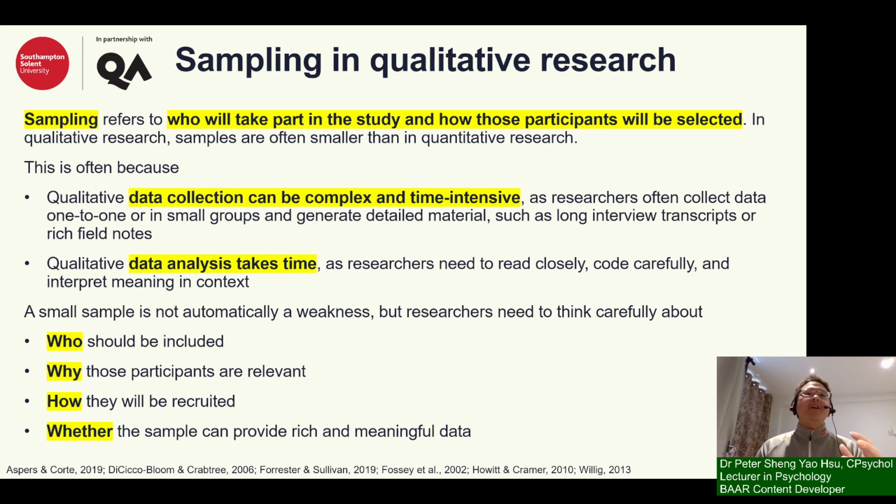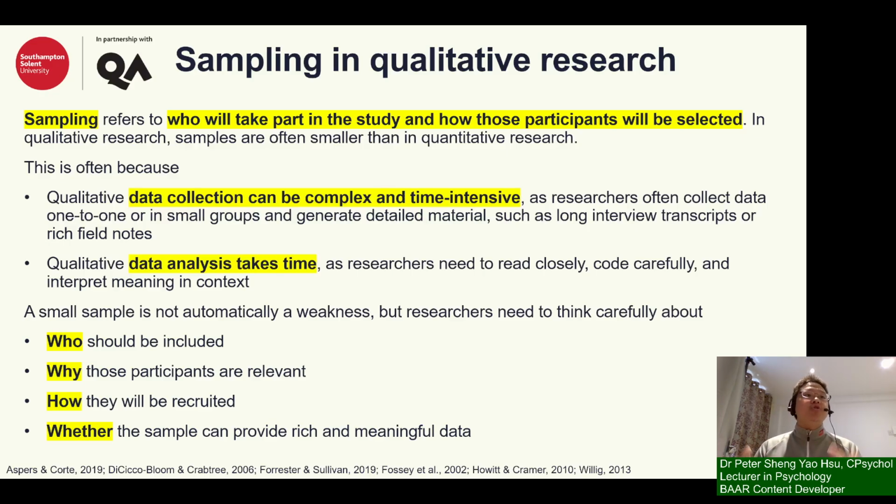Researchers might also think about variations within the sample. For example, some participants may work full-time, some may work part-time, some may have young children, and others may care for older relatives. These differences may help the researcher understand a wide range of experience. Researchers also need to explain why those participants are relevant.